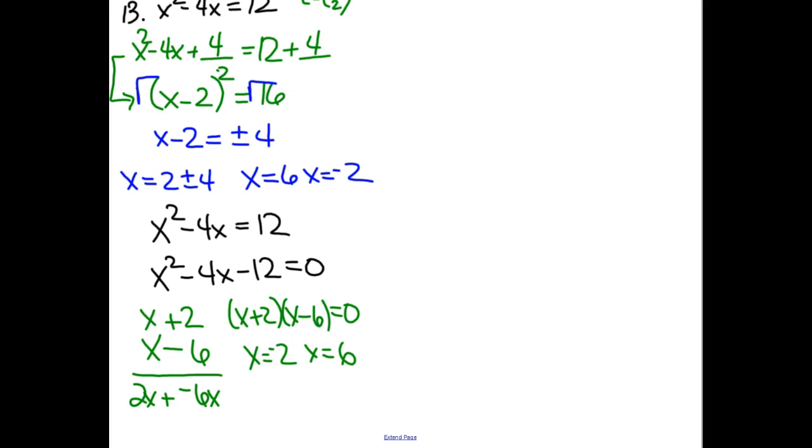Now, let's say instead you decided, no, I'm going to use the quadratic formula. So once again, we've got our equation where it equals 0. Remember, before I can factor or before I can use the quadratic formula, it has to equal 0. Okay, so a equals 1, b equals negative 4, and c equals negative 12.